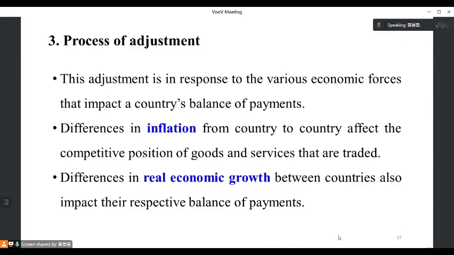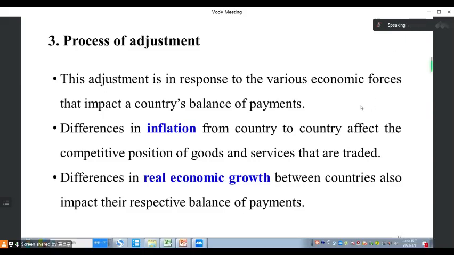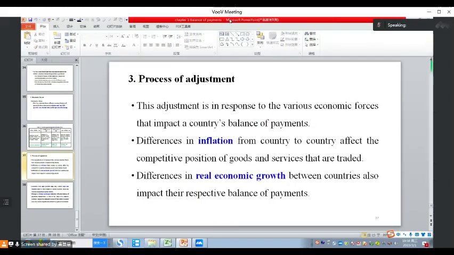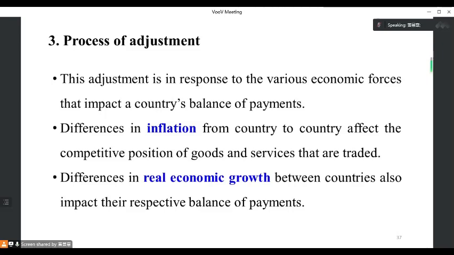This adjustment is in response to the various economic forces that impact the country's balance of payments.